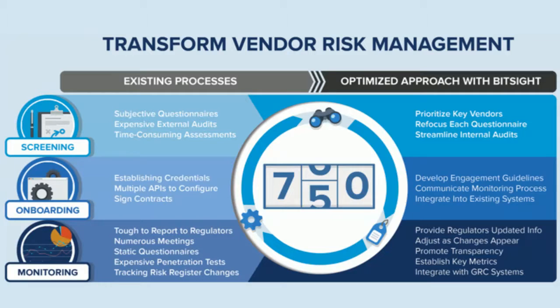BitSight certainly brings in approaches such as continuous monitoring, alerting, and ways to interface with your vendors within the BitSight platform that make it really easy for you to stay on top of the risk that the vendors pose, and to make sure that your vendor risk management program is as mature as possible.